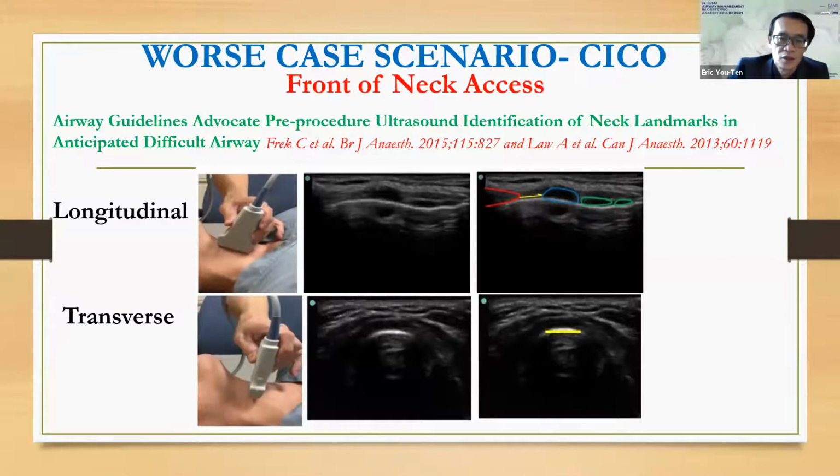As you can see here, ultrasound is well researched and can easily identify the cricothyroid membrane, as shown here in the yellow. We can do it either in the longitudinal approach or the transverse approach. Again, here you can see it as a hyperechoic structure in both the transverse and the longitudinal approach.